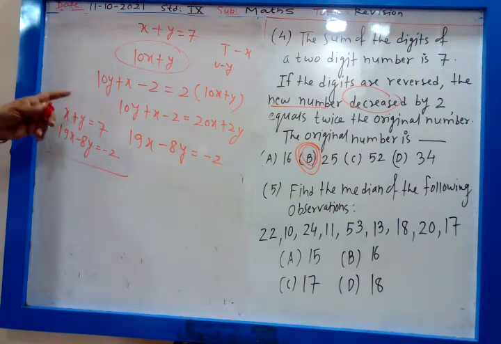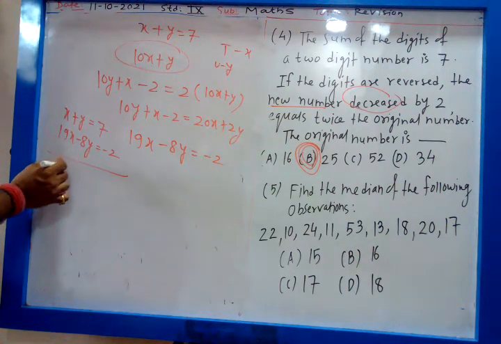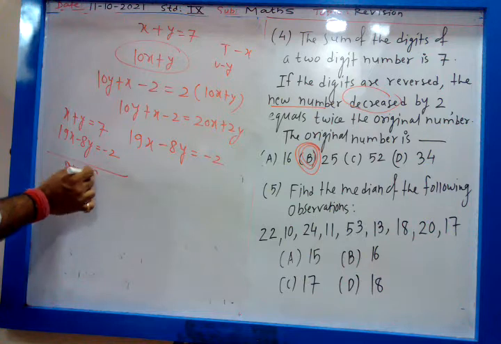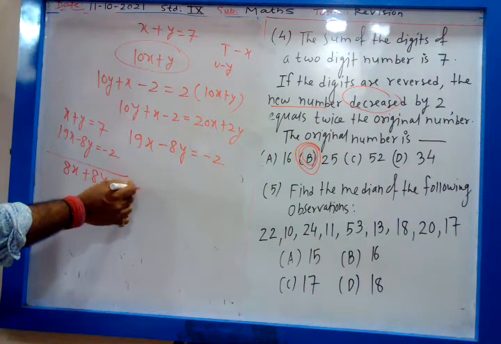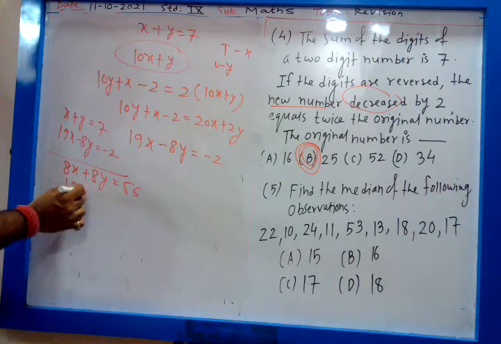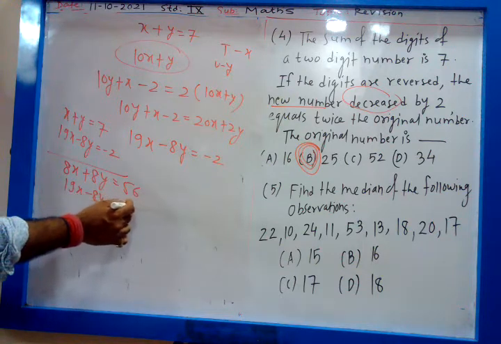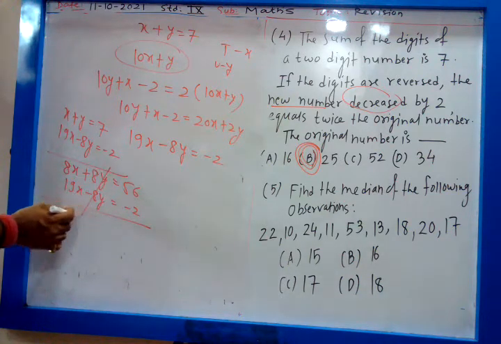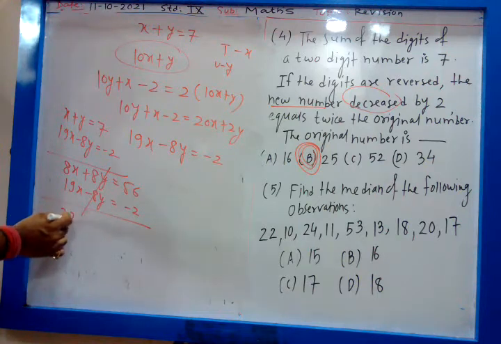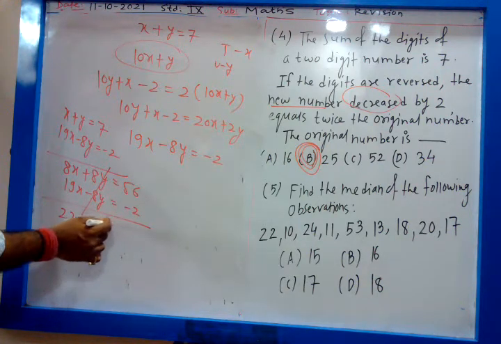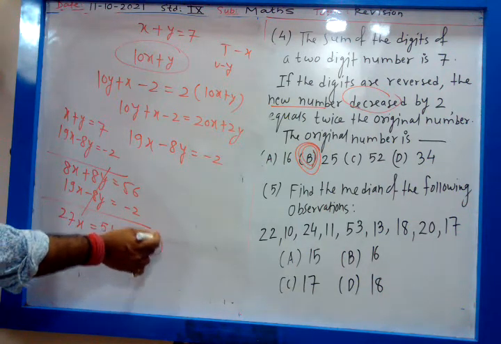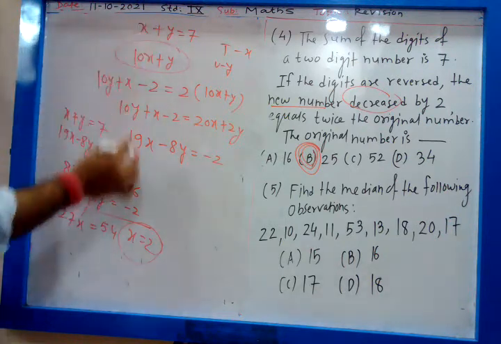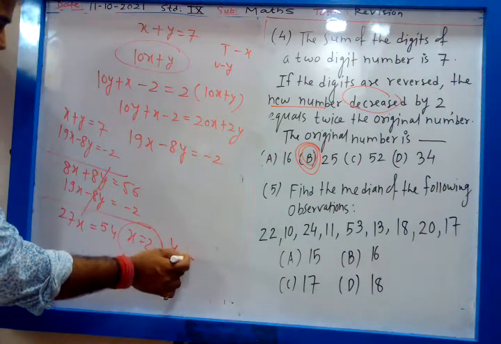Multiply equation 1 by 8. So 8x plus 8y is equal to 56. 19x minus 8y is equal to minus 2. Add them, this gets cancelled. 19 plus 8, 27x is equal to 54. So you will get x is equal to 2. When you put the value of x, you will get y is equal to 5.